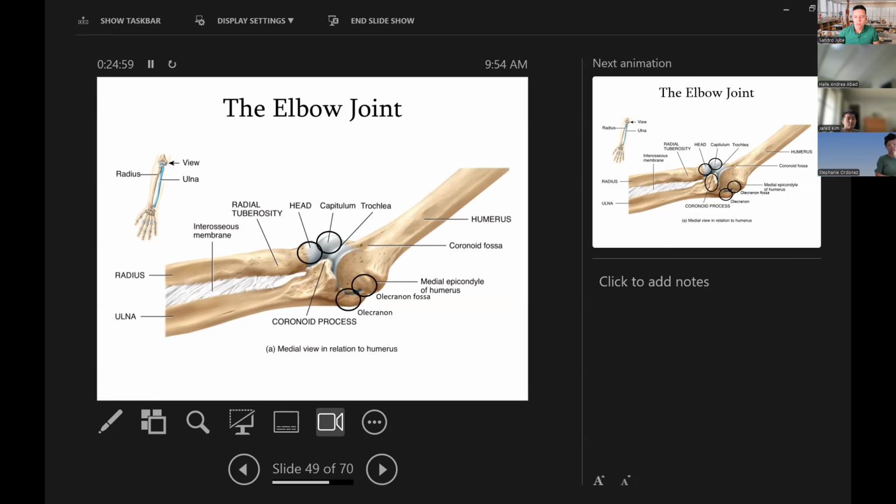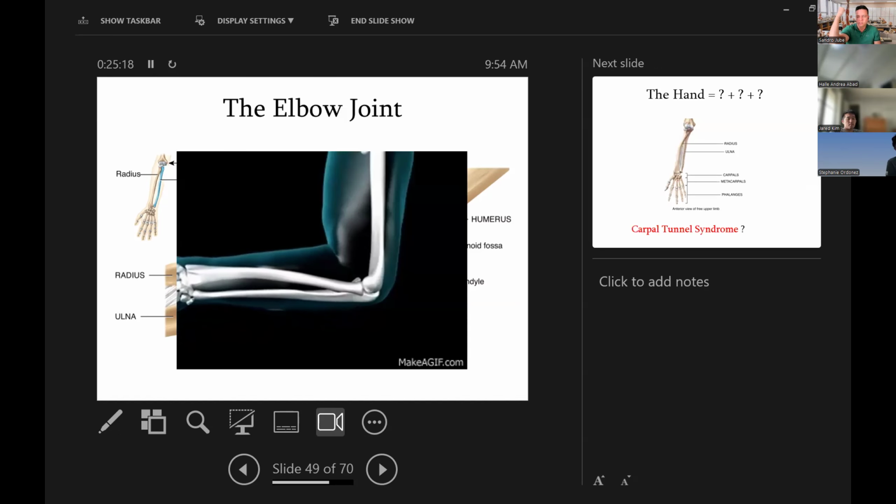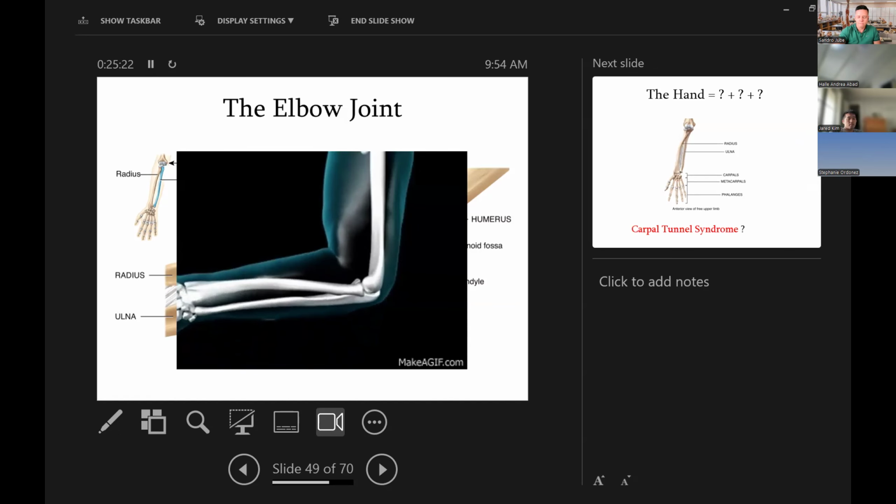Okay. We also have the coronoid process of the ulna, which when we bend our arm, folks, is going to enter inside the coronoid fossa of the humerus. And that allows us to have that range of motion. Okay.